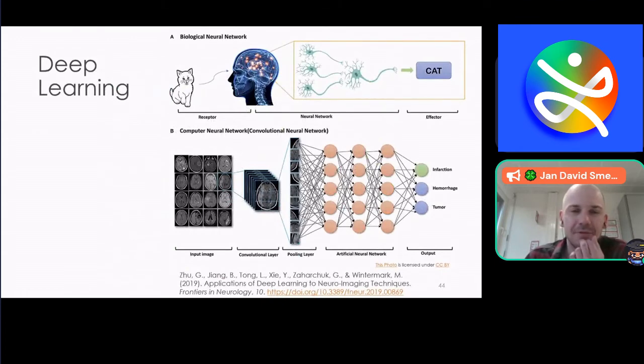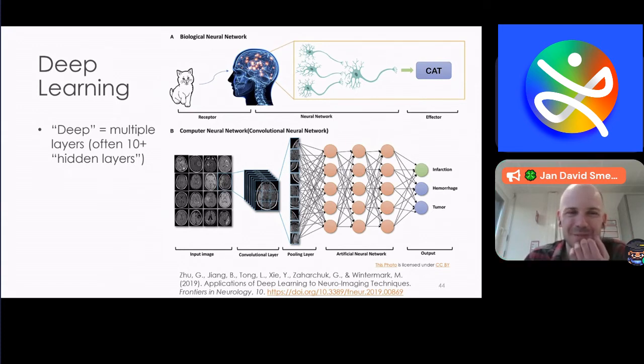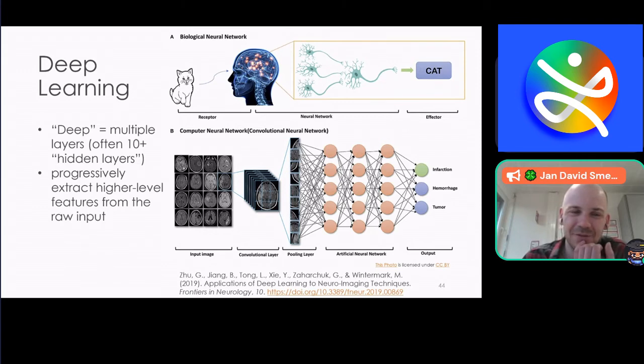And the famous term, of course, in recent years, deep learning, really typically an application of artificial neural networks, where we just say deep is somehow 10 or more layers, was the famous definition by Ilya Sutskever in his talk quite a few years back. But generally the idea is that these networks quite dynamically learn to progressively extract higher level features from raw input.